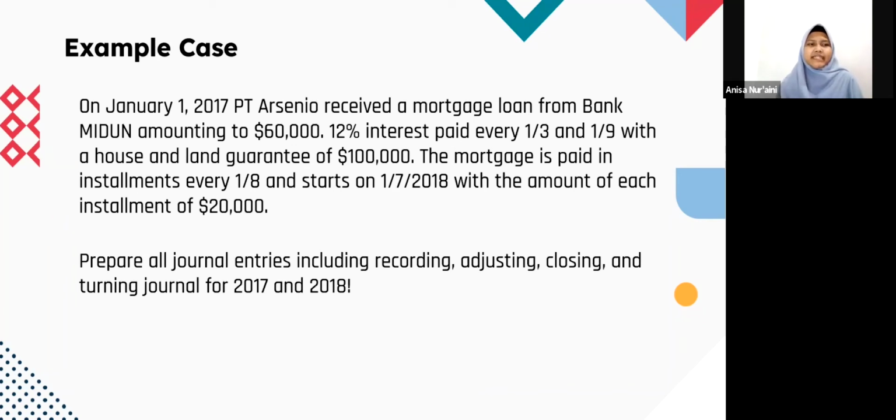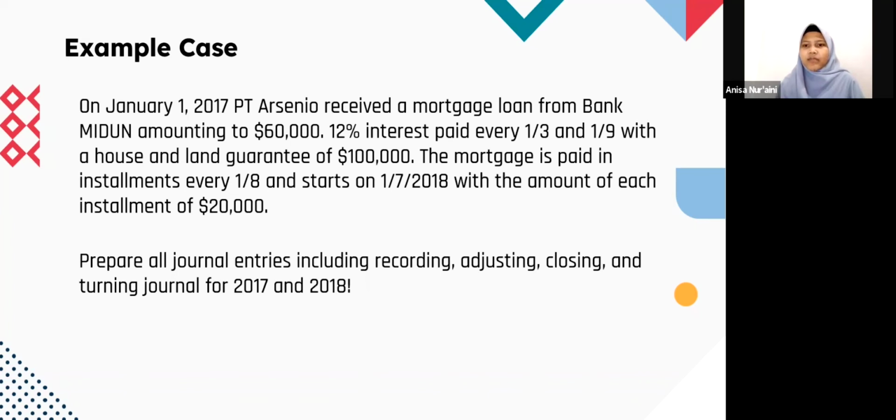This is an example case of debt mortgage. On the 1st of January 2017, PT Arsenio received a mortgage loan from Bank Medion amounting to 60,000 with 12% interest paid every 1st of March and 1st of September with a house and land guarantee of $100,000.